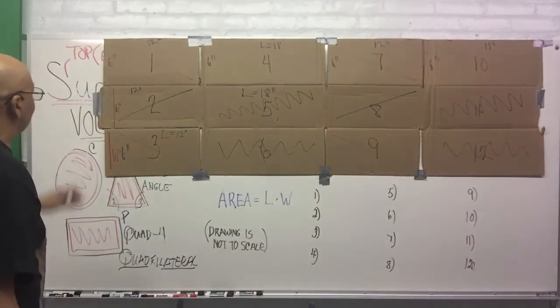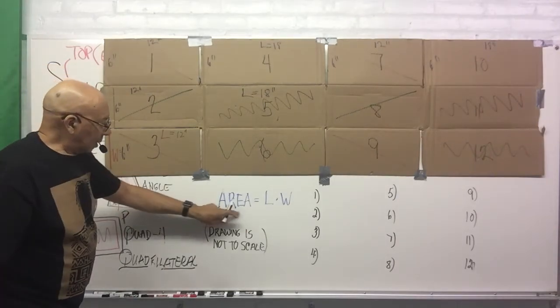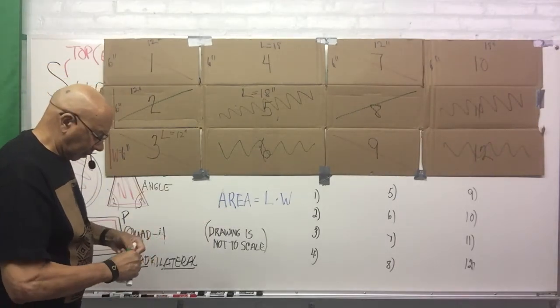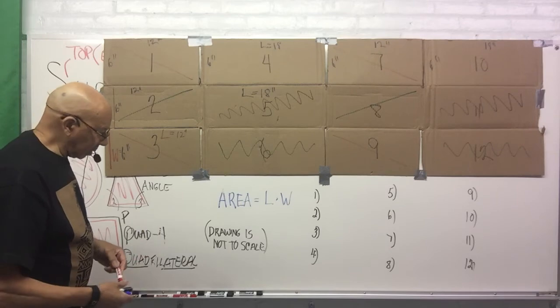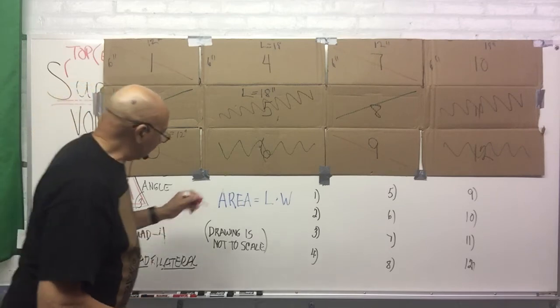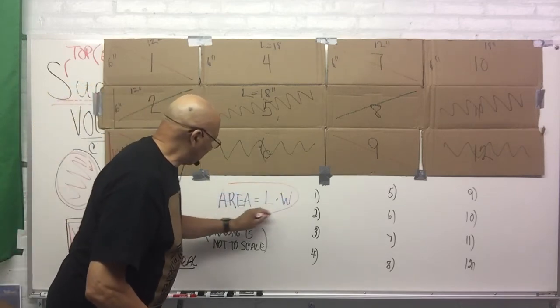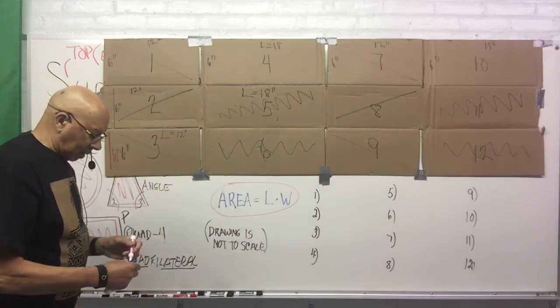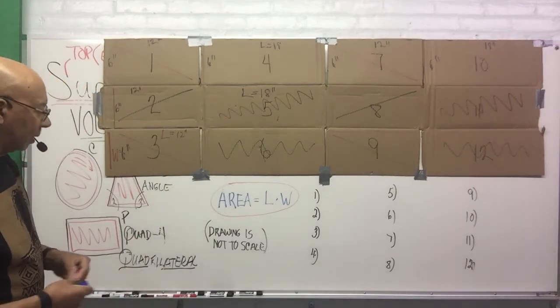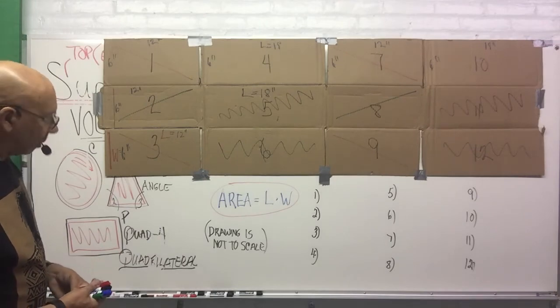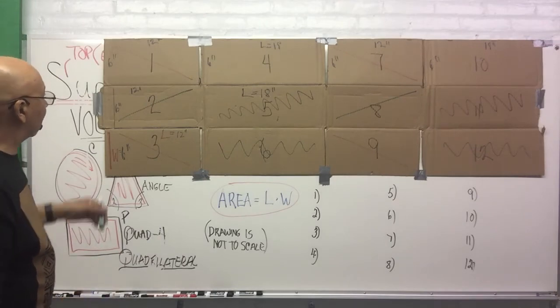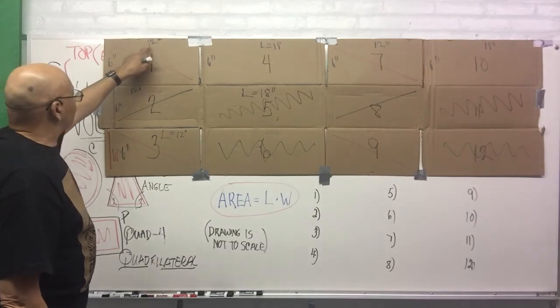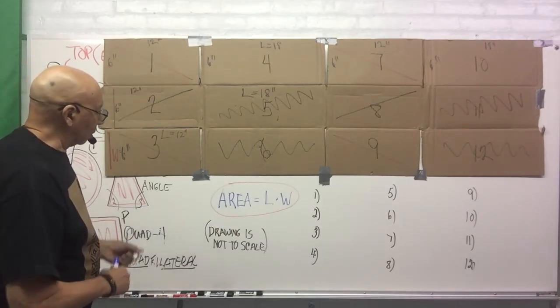So, area is length times width. I'm going through this very slowly and methodically so you will be able to follow it. There's my formula. I'm using that formula for every one of these, even though I won't have to do it for every one because a lot of them are going to be the same. So let's say I do number 1. 6 times 12 is 72.